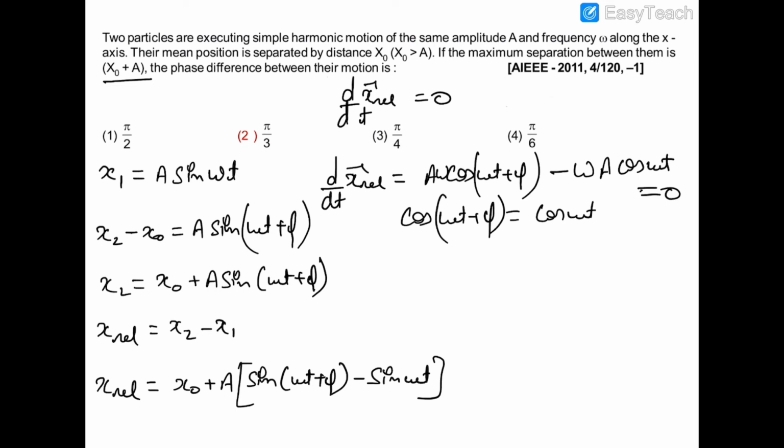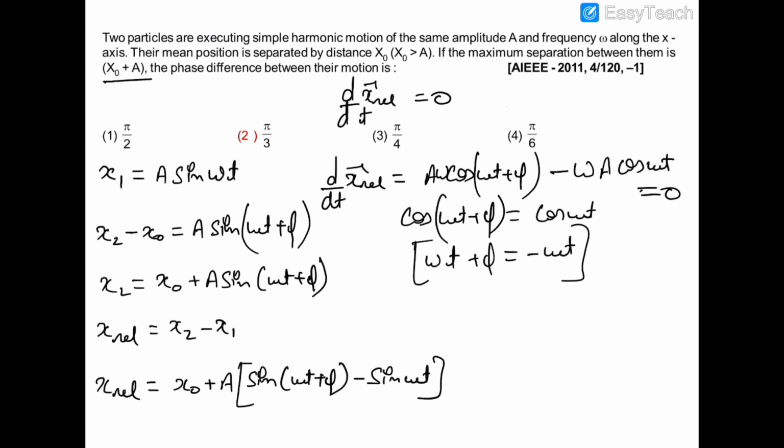Now you should carefully solve this equation. You cannot write that omega t plus phi is equal to omega t, because in that case phi would automatically be 0. We all know that omega t plus phi can also be equal to minus omega t.